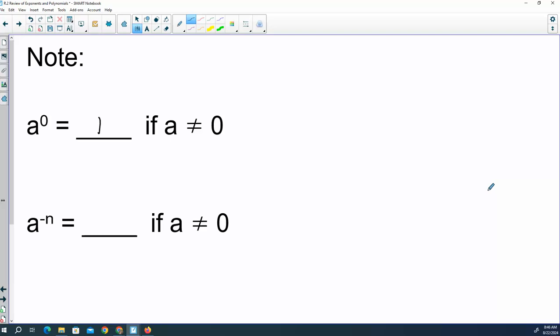And what does a negative exponent mean? Like 2 to the negative 3 power. Negatives change floors, so it moves to the denominator.